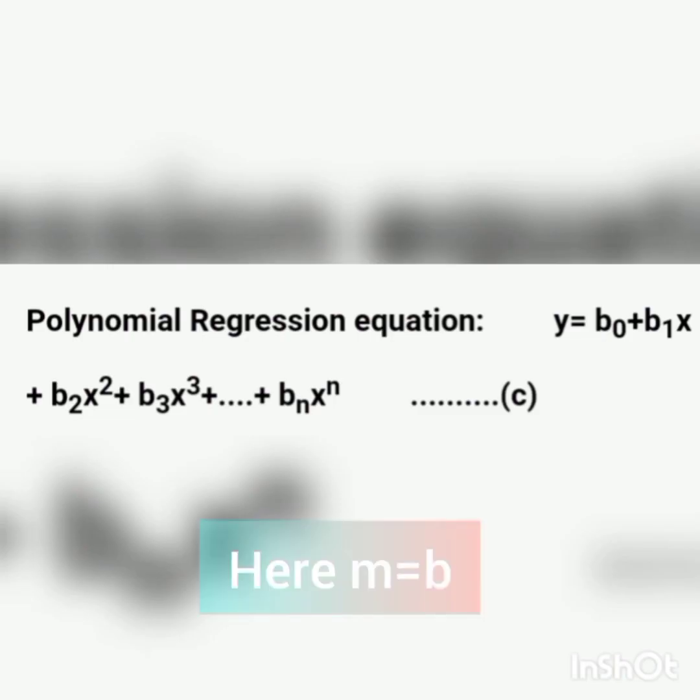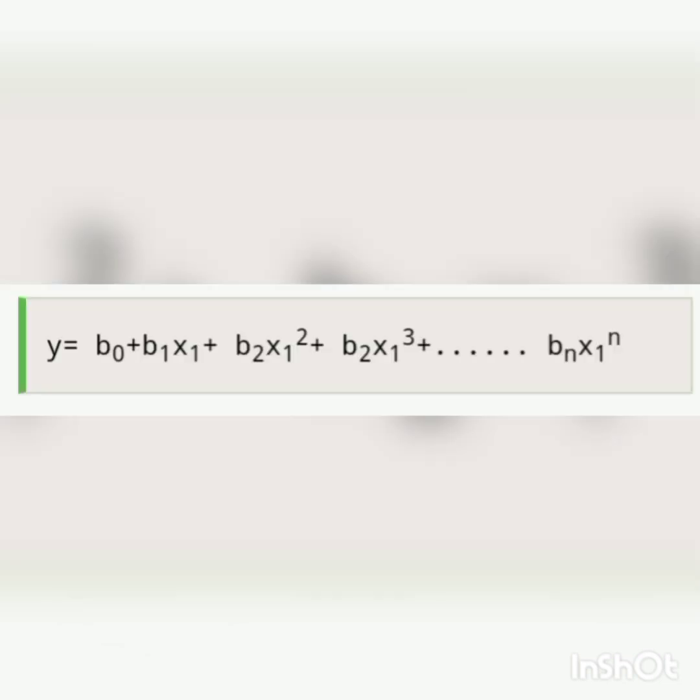Now we try to minimize it. For that, we need some kind of polynomial equation. Let us say we have y equals m1x plus m2x square plus m3x cube plus ... plus mn x power n. Here n is the hyperparameter, that is the power of x, and m1, m2, m3, the slopes, are the model parameters.